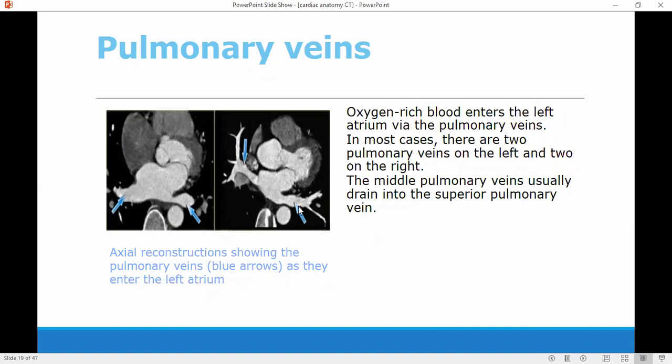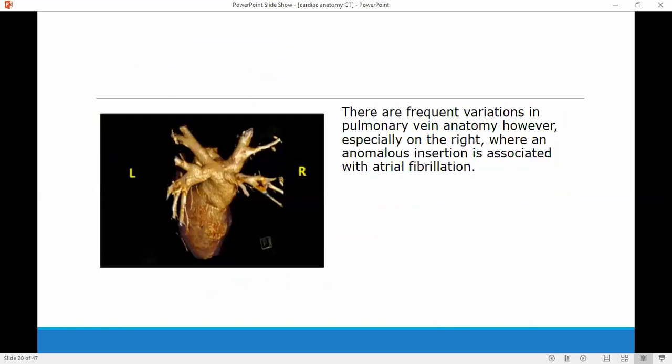Axial reconstruction showing the pulmonary veins as they enter the left atrium. There are frequent variations in pulmonary vein anatomy, however, especially on the right, where an anomalous insertion is associated with atrial fibrillation.